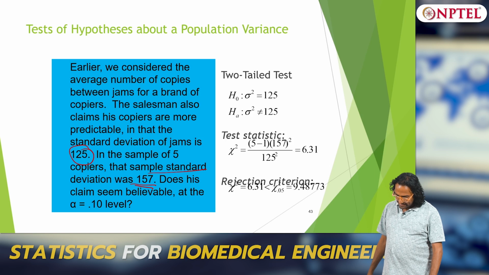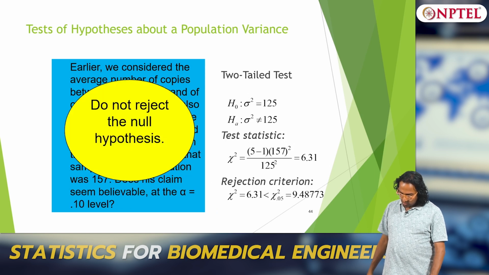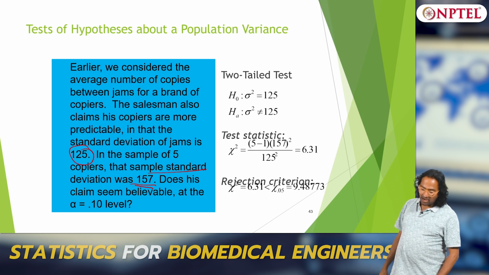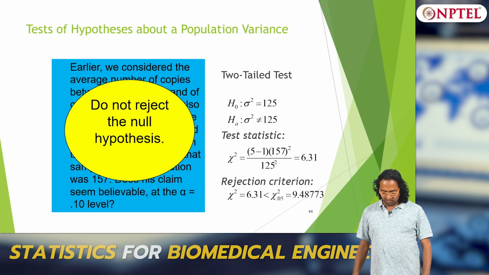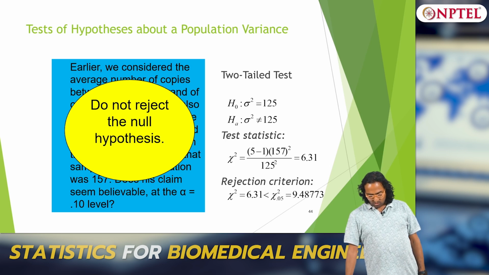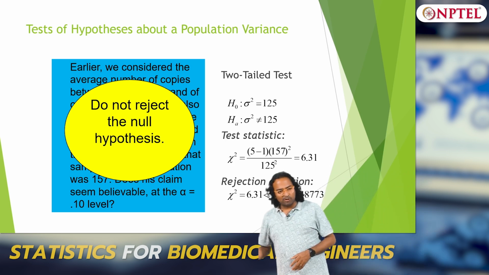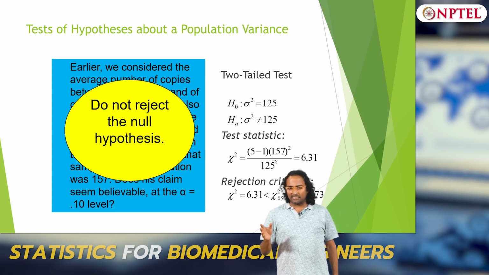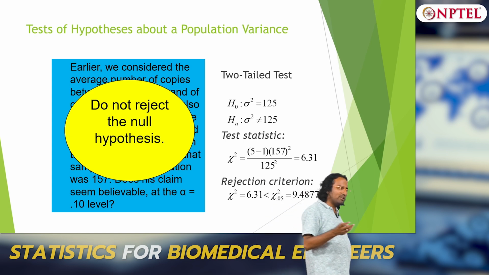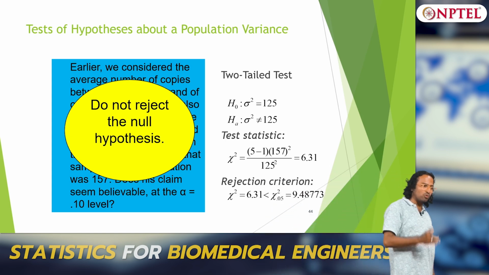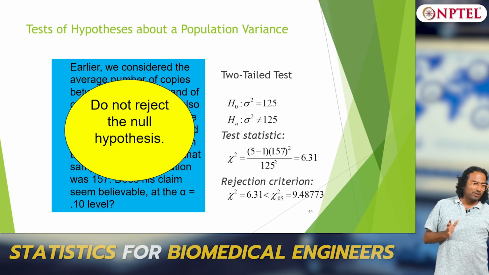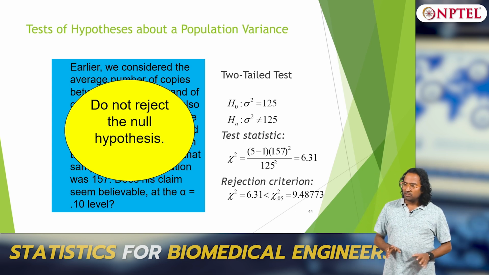Then you can give the rejection criterion. You do not reject the null hypothesis in this case, because the moment you see the rejection criterion you will know. You have to have the table to look at it, so I suggest you go through the chi-square table, the t distribution, how to look at it, including the normal distribution. So far so good, shall we move on?